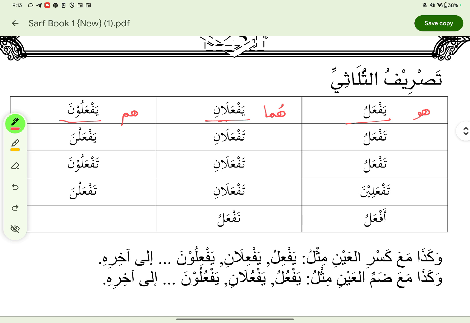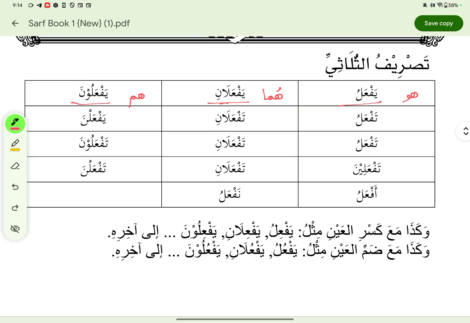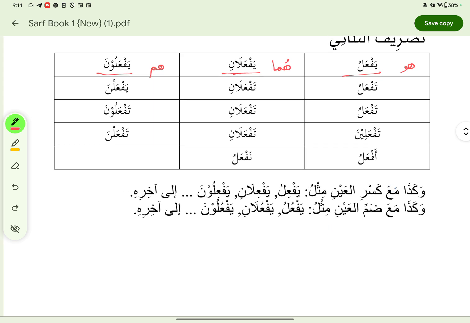So for example, I'll use the word yadhhab.